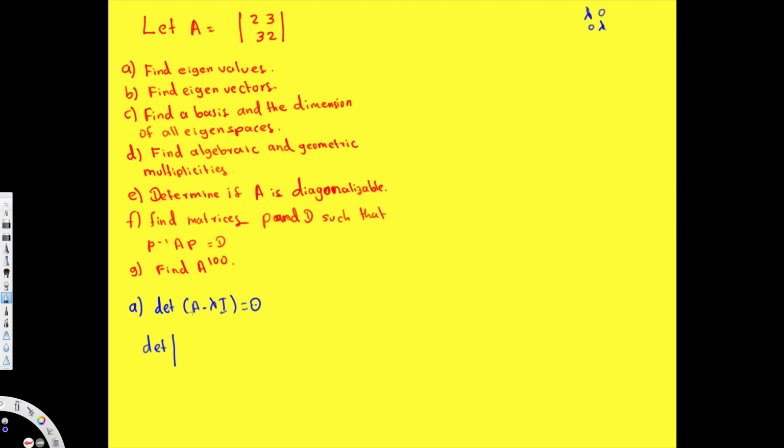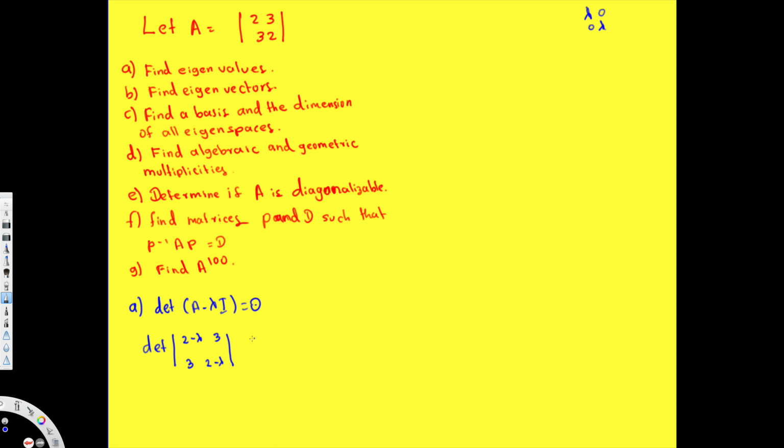If you substitute A, you will get 2 minus lambda, 3, 3, 2 minus lambda, and that is equal to 0.